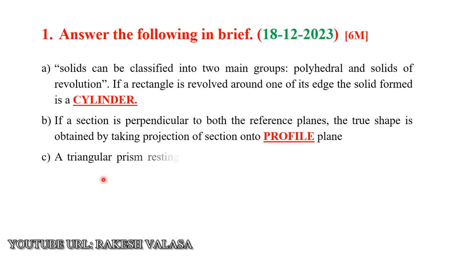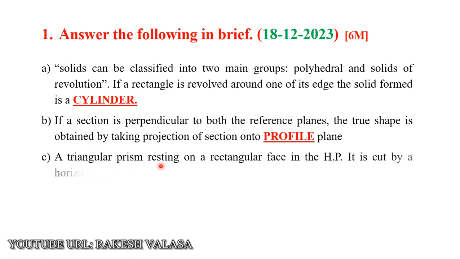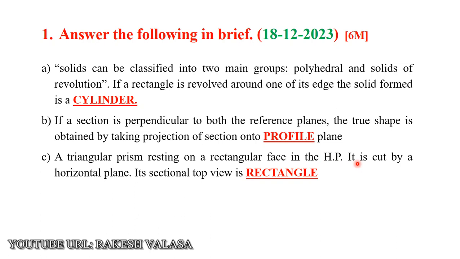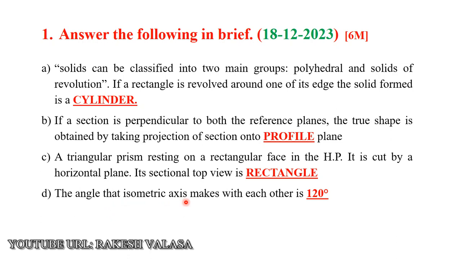Question number C. A triangular prism resting on a rectangular face in the HP is cut by horizontal section plane. Its sectional top view is rectangle. Question number D. The angle that isometric axis makes with each other is 120 degrees.